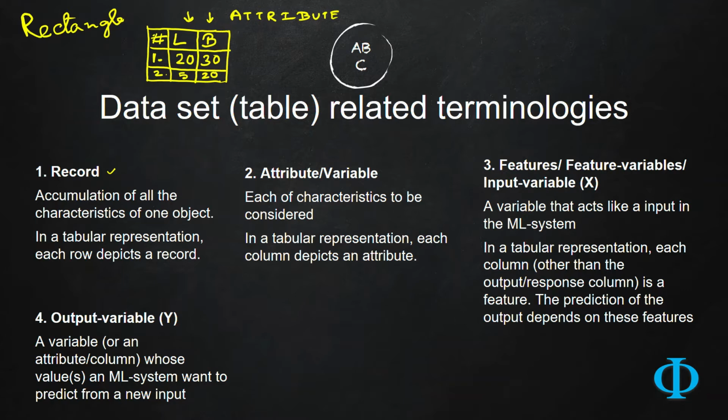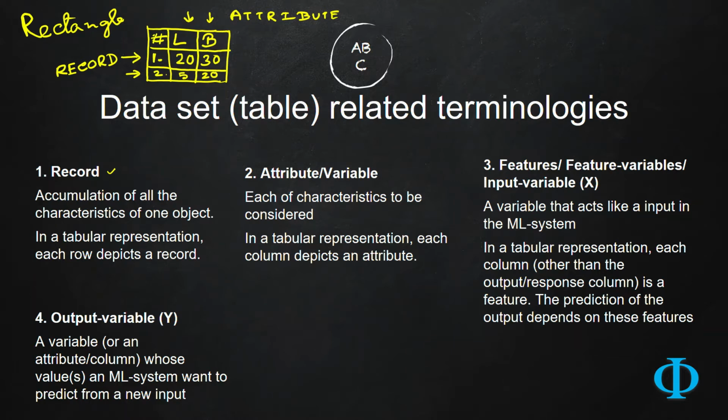So something like this. Here each of these rows represents a record or an object. So that's the definition of record and attribute.